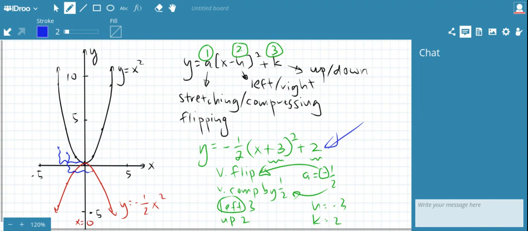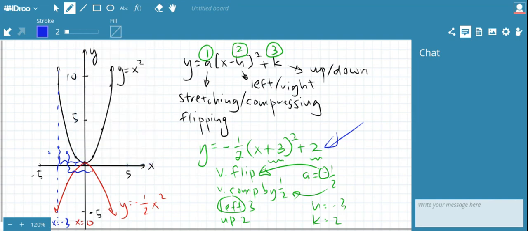Okay, and then the other side as well. And the axis of symmetry always goes through the vertex. I can actually already draw it in, x equals negative 3. And that can help me to draw these because they're going to be symmetrical. Okay, then this one over 3 and up 2.